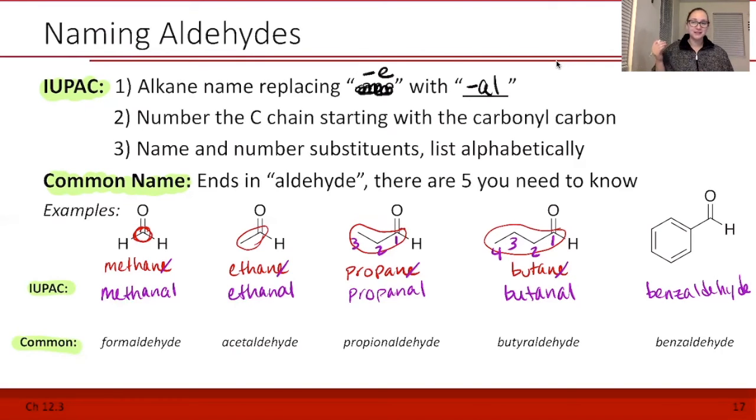It's kind of weird. You'll be able to look at the chart and come back and find these, but memorizing them would just make things faster. If you have 2 carbons, it's called acetaldehyde. 3 carbons is called propionaldehyde. 4 carbons, I can never pronounce.